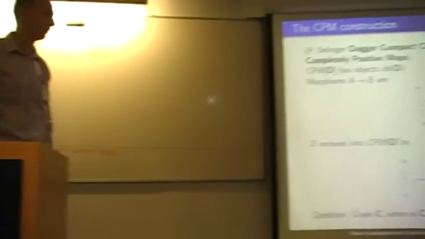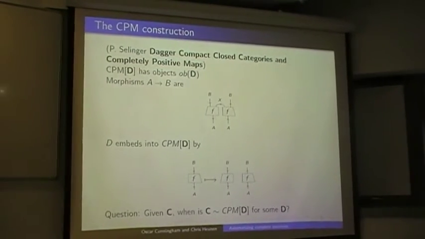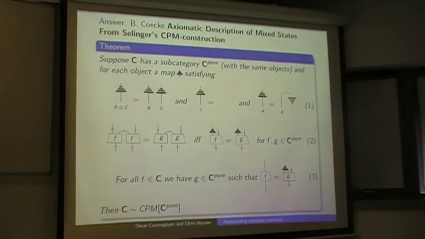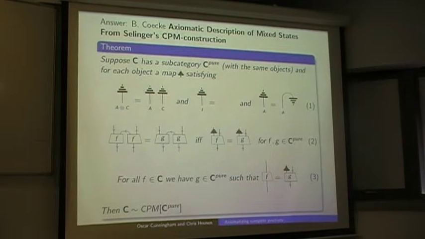Okay, so now we can look at our question. Given a category C, when is it the CPM of something? And this is already answered by Bob.